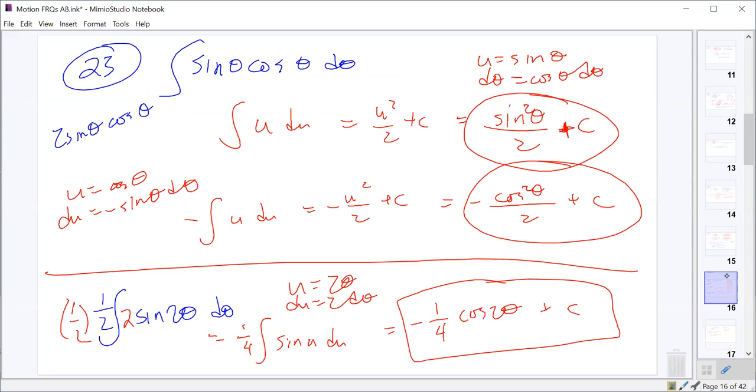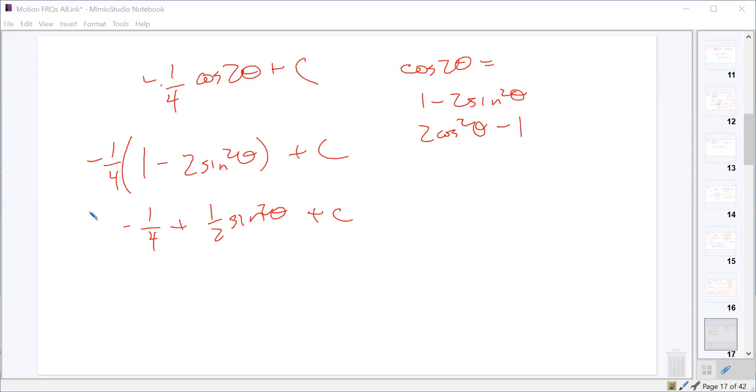And what did we get? We got over here sine squared theta over 2 plus a constant. Well, that's the same thing I've got here. I've got sine squared theta over 2 plus some constant. Not the same constant. The constant is different. Differs by negative 1/4, still a constant. Good?